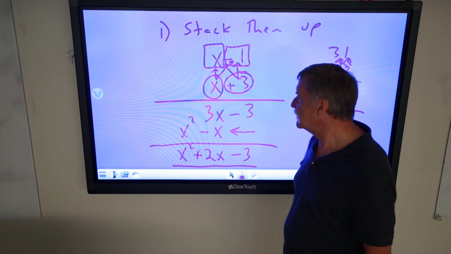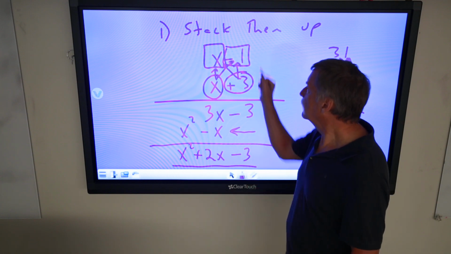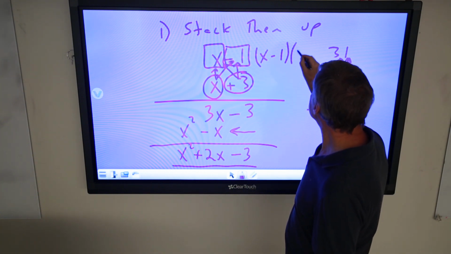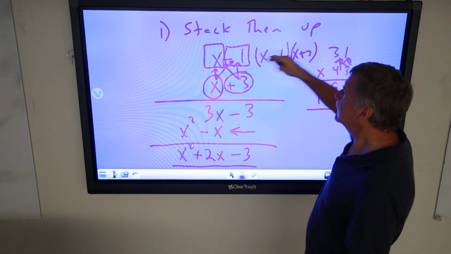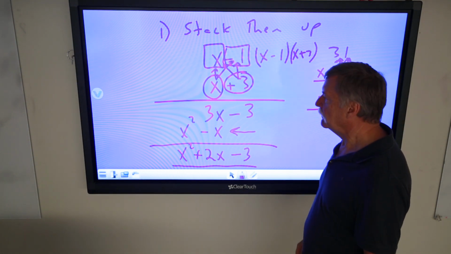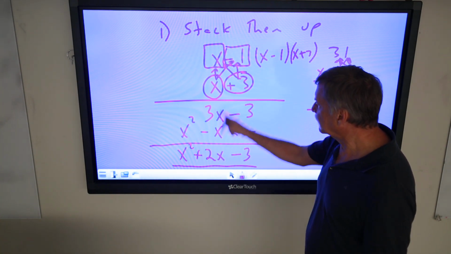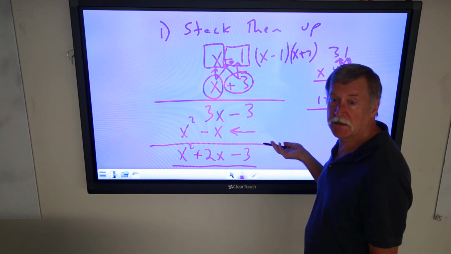And that's the answer. x squared plus 2x minus 3 is the solution to x minus 1 times x plus 3. I've taken them written like this and just stacked them on top of each other. Then I've got two partial products, combine the like terms of the partial products, and I end up with the answer.